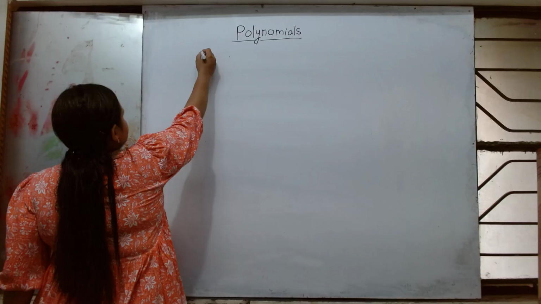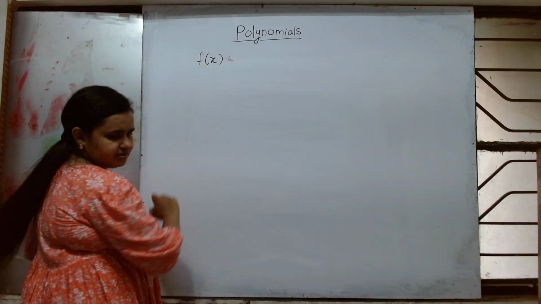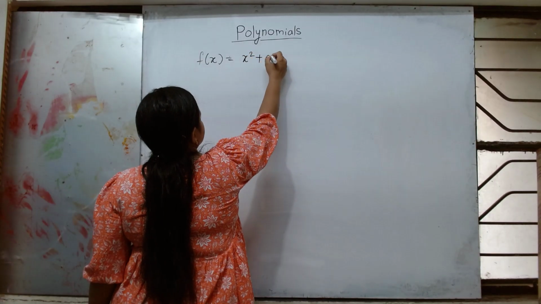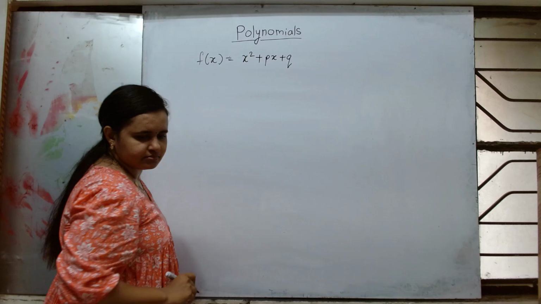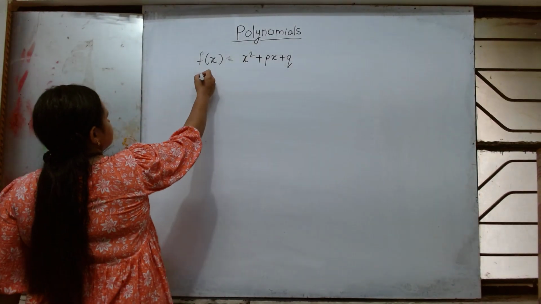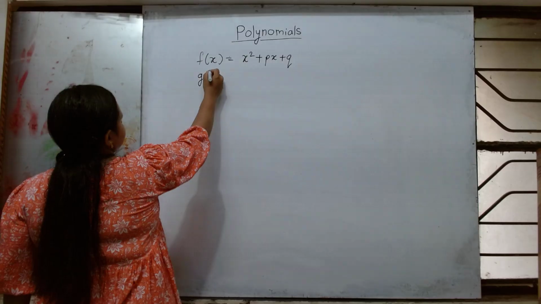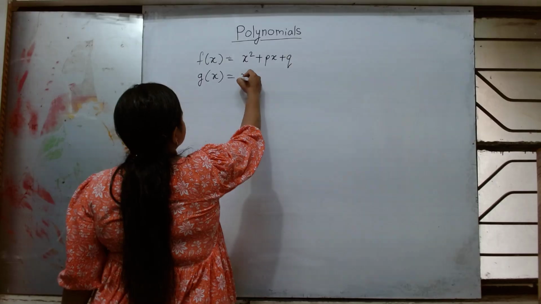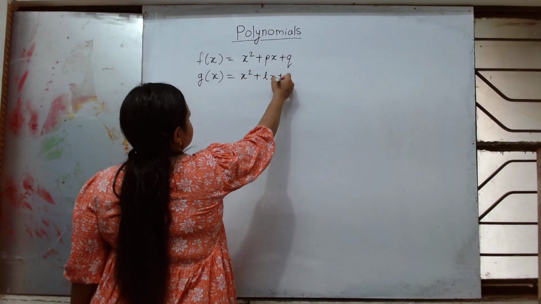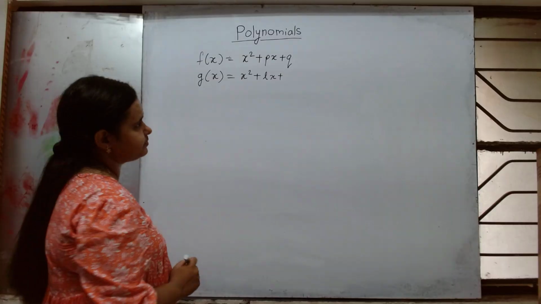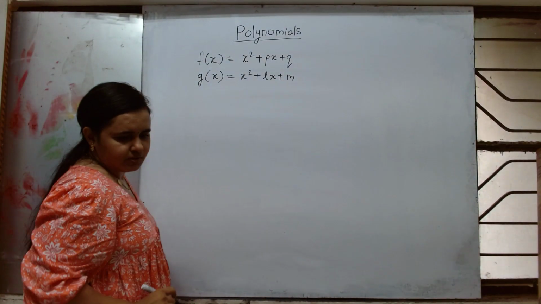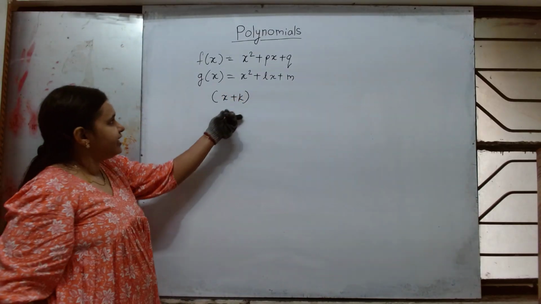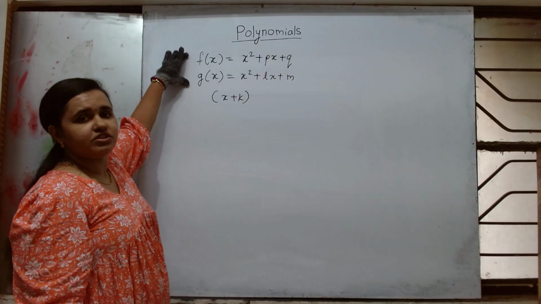The first polynomial is x square plus px plus q, and the second one, I write it as g of x, is x square plus Lx plus m, and x plus k is given as the common factor of both the polynomials.